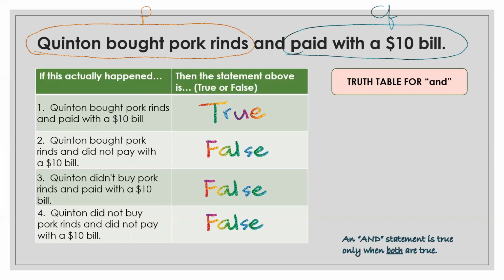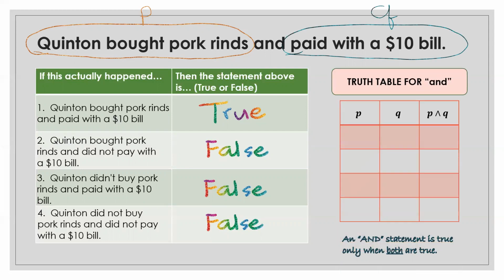So we can organize this information in a table like this, right? So scenario one would be true, true. Part P is true and Q is also true. Scenario two is you have true for P, but Q is false.